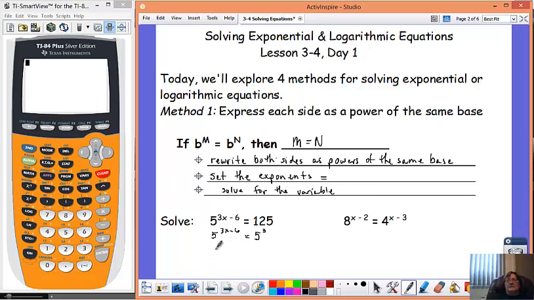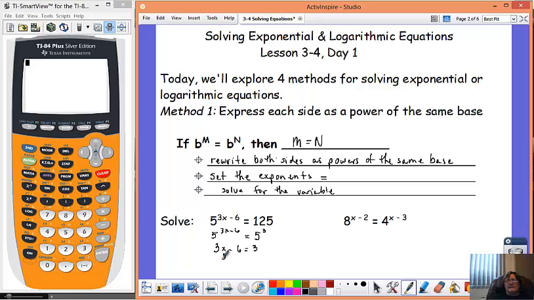My next step is to set the exponents equal and then solve for x. So 3x minus 6 must be the same thing as 3. And you can see that's just the truth. If the bases are alike and these things are equal, the exponents must be equal. So let's solve.